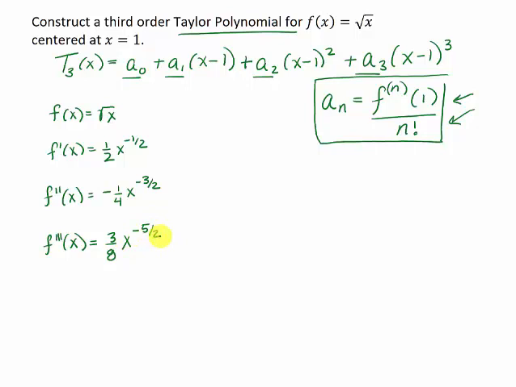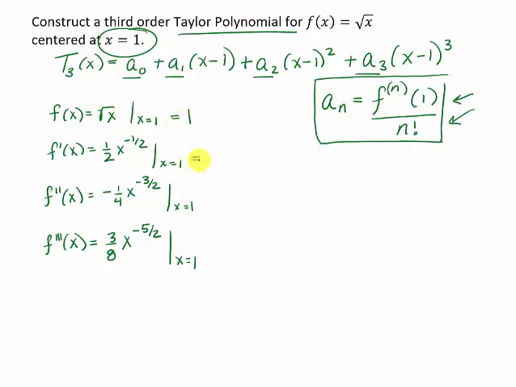I'm going to evaluate each one of these where we want to center the Taylor polynomial. Since we're centering it at 1, we're going to evaluate each one of these at 1. Okay, when we evaluate f at 1, we are going to get 1.